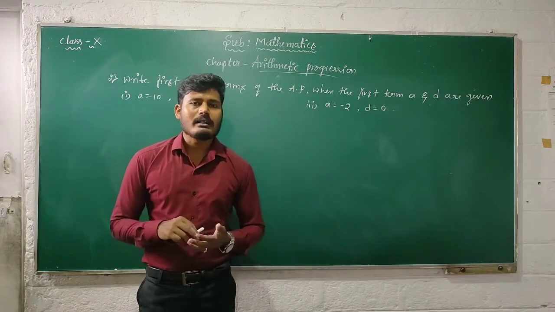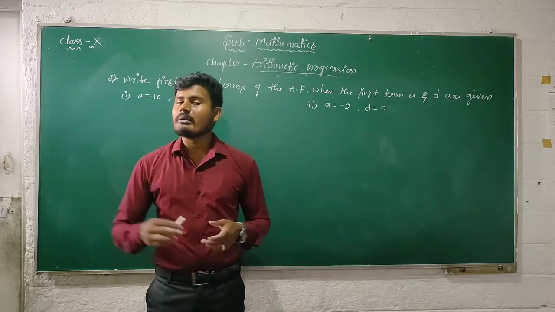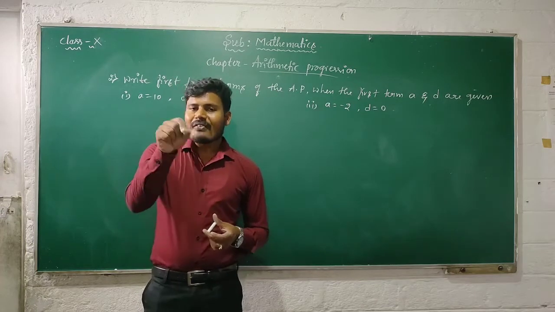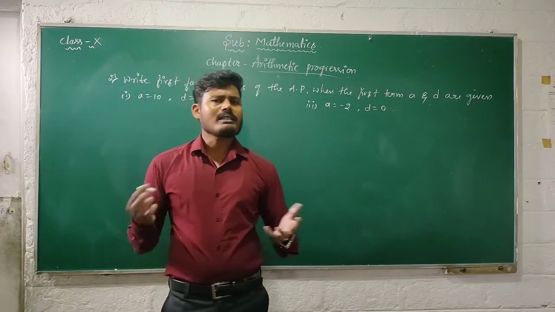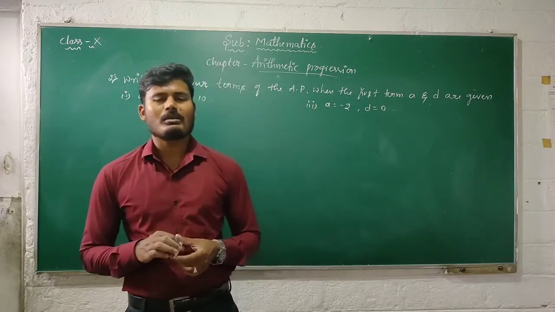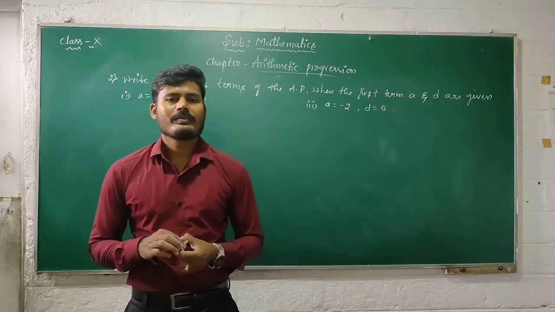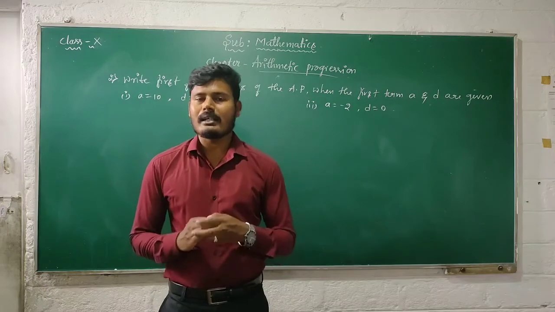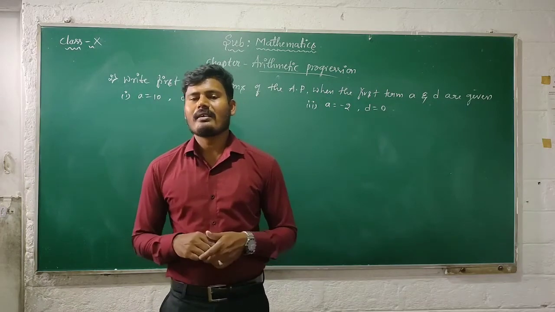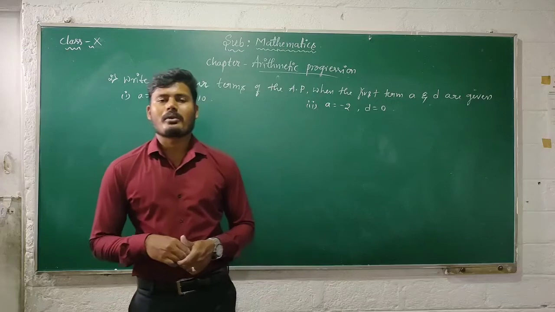By using the general form of an arithmetic progression. If you find the 20th term, then what is the general form of the 20th term? A plus 19D is the general form of the 20th term of an arithmetic progression.